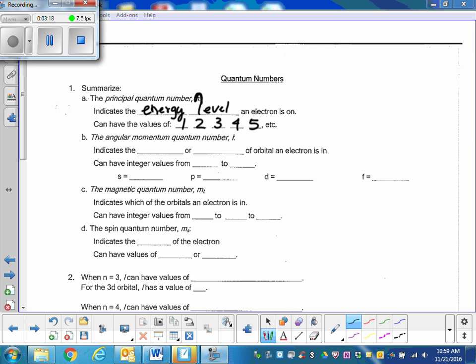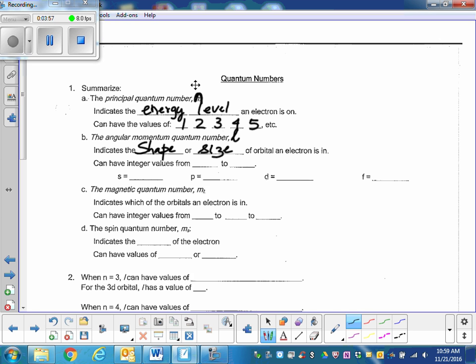The angular momentum quantum number L indicates the shape or size of the orbital an electron is in. So the principal quantum number indicates the distance, and the angular momentum quantum number talks about the shape of the orbital.